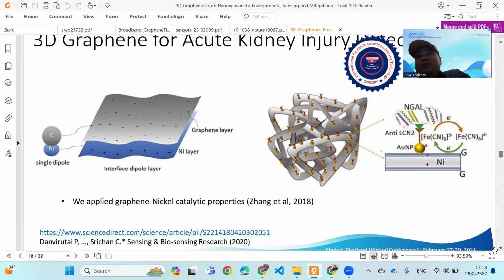Then the dipole will pull the NGAL toward the receptor, and we use ferrocyanide as a mediator to cycle the electron.